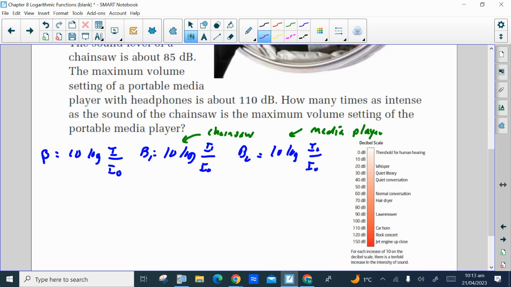And again, we need to write a subtraction statement here involving the individual logs so that we can combine them into one expression using the quotient law. And we'll do that by going beta 2 minus beta 1. So beta 2 is 10 log I sub 2 over I sub 0 minus beta 1, which is 10 log I sub 1 over I sub 0.